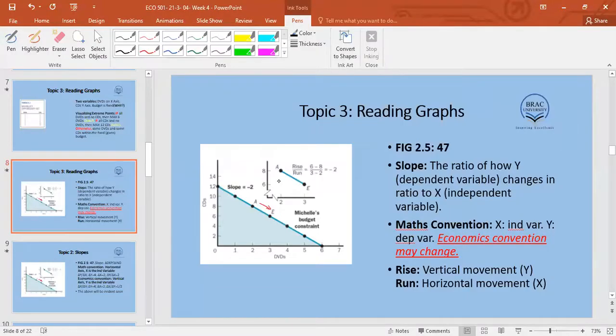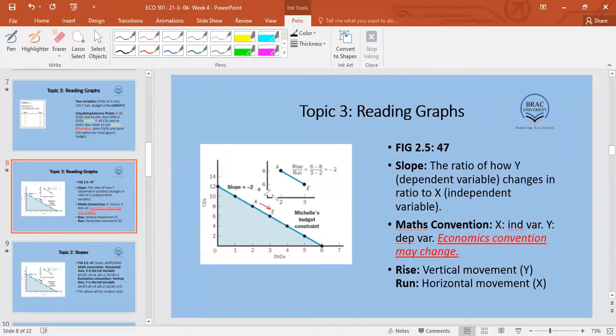Okay. এখানে দেখা যাক, rise and run. Why are we using these words? Rise শব্দটা শুনে কি মনে হচ্ছে we are moving up and down on the vertical axis? If I say rise, can you visualize yourself moving up and down the vertical axis?